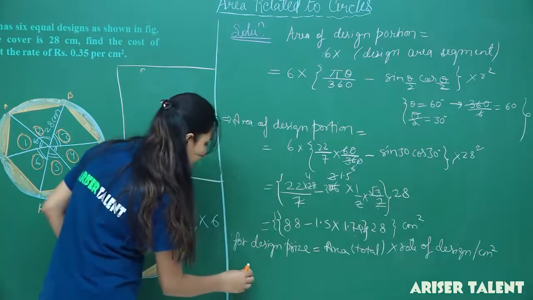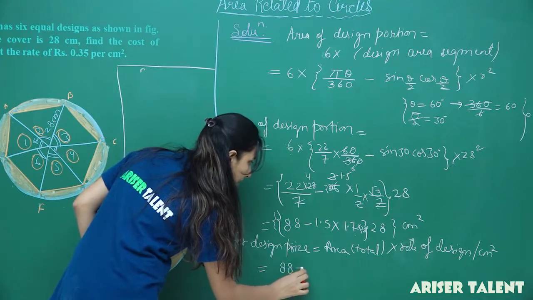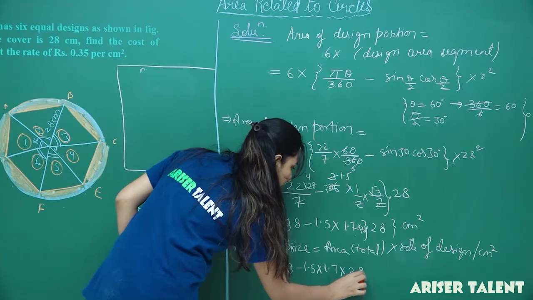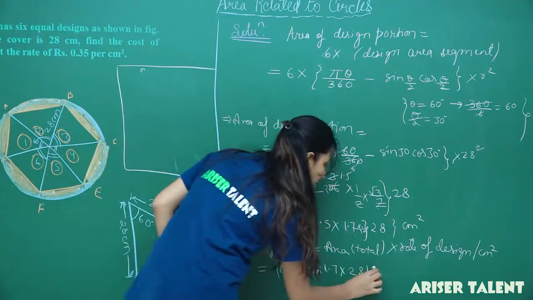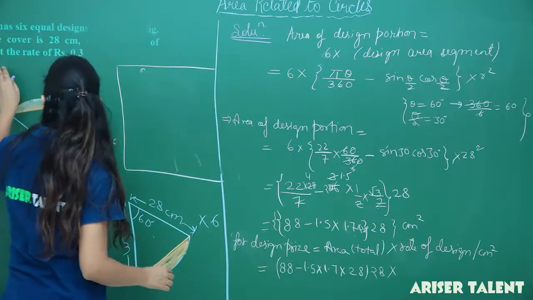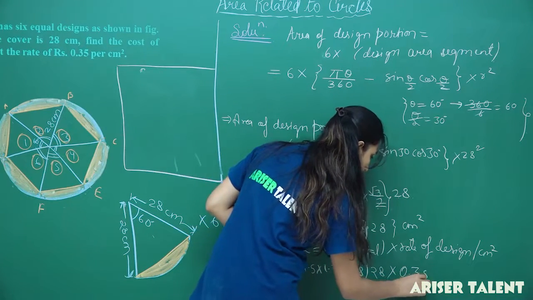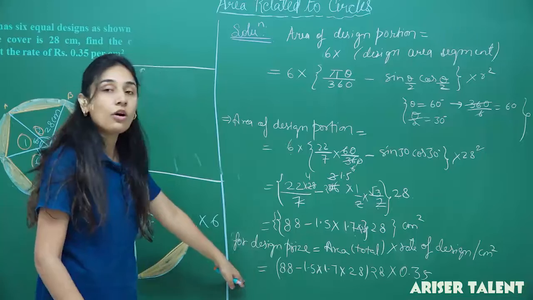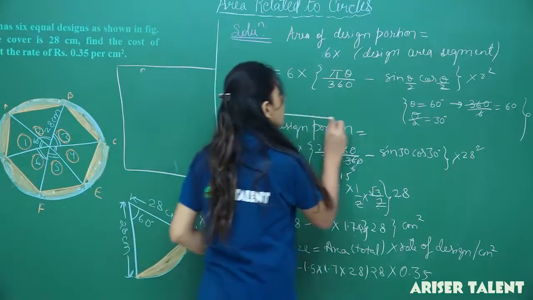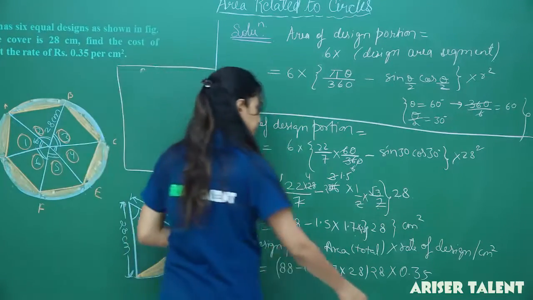Okay, so can I write that will be equal to area, which is 88 minus 1.5, 1.7, 28, multiplied by the rate, which is 0.35, right. So this will be the rate. Now can I just remove this portion till here? Right, so I am going to remove this portion. Okay students, note this.